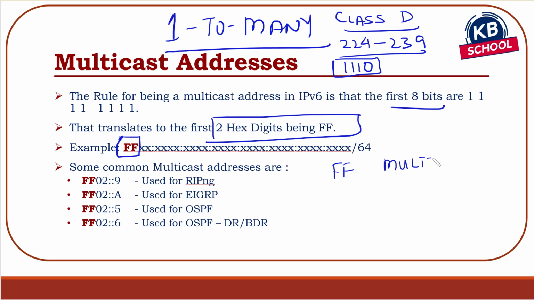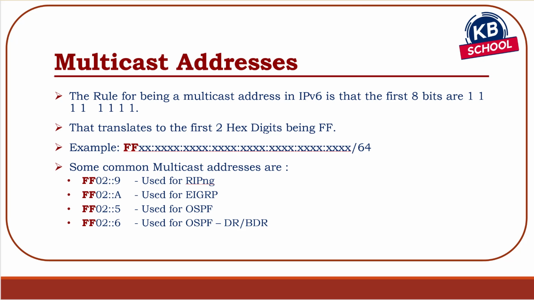So any address that starts with FF in the first 2 hex digits, again, not FF colon, which is wrong because that means it's 00. So it has to be FF and 2 digits, and then whatever you want to use.